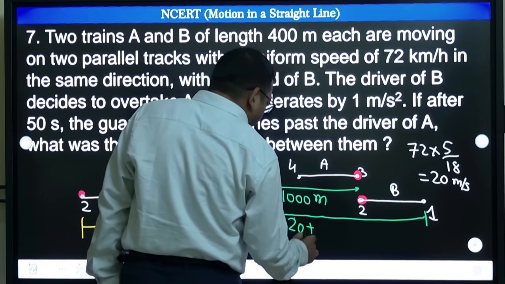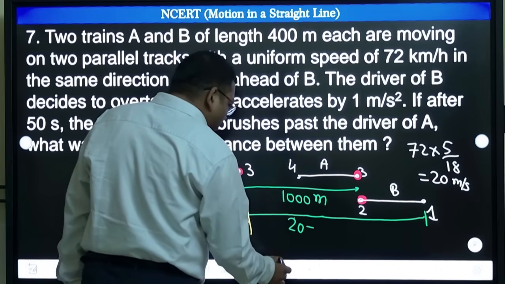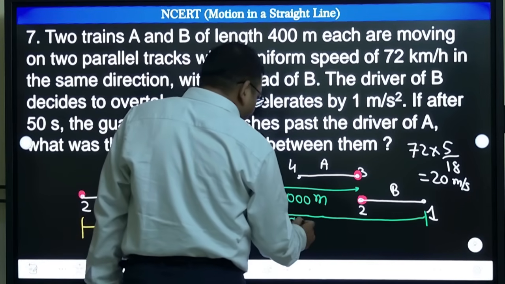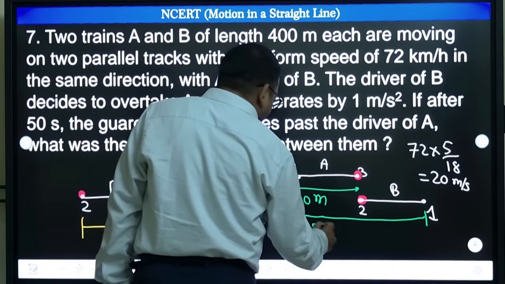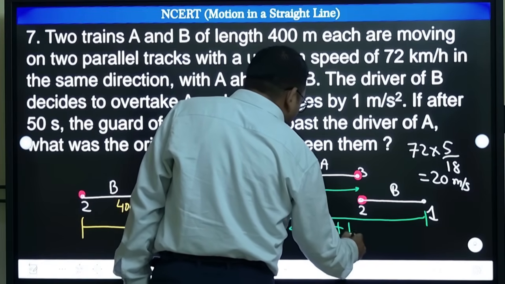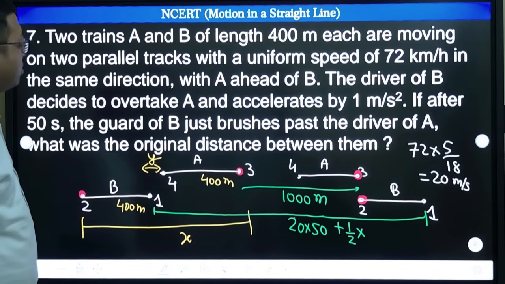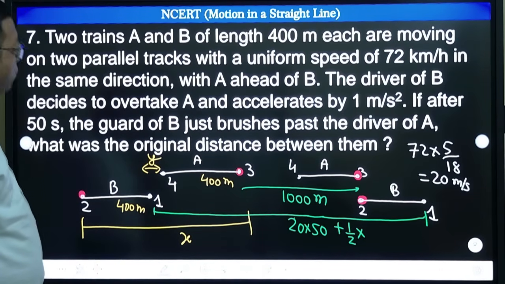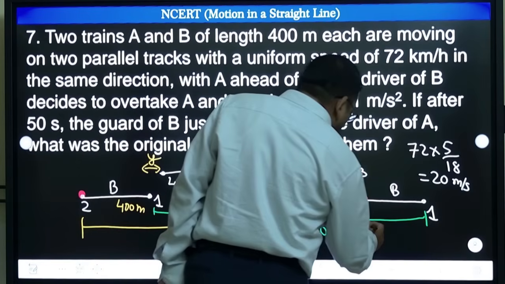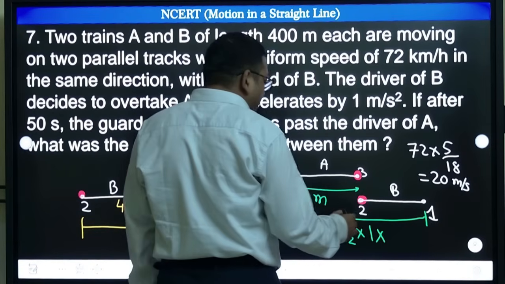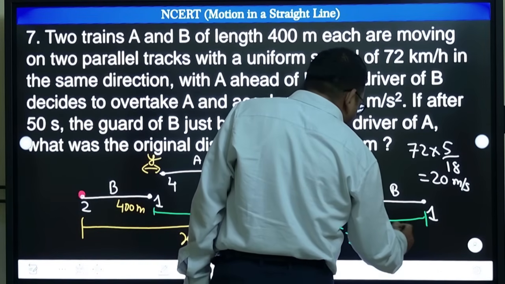20 ut, t is also multiplied. So 20 into 50, ut plus half a t square. What is the acceleration? Acceleration is 1, so half a t square, time is 50, 50 square you have to do.